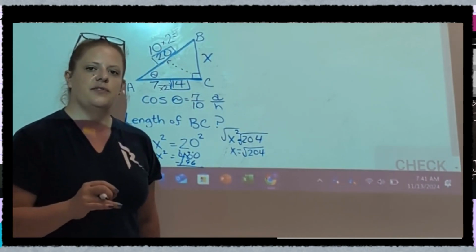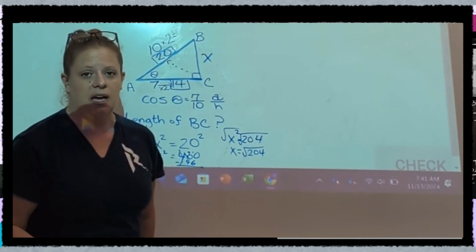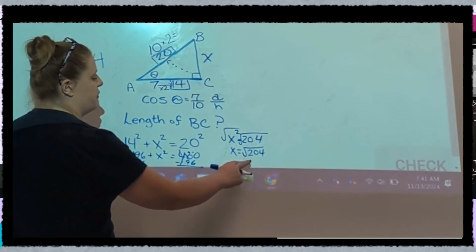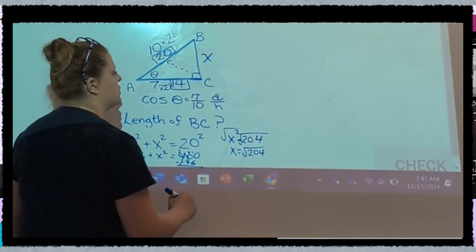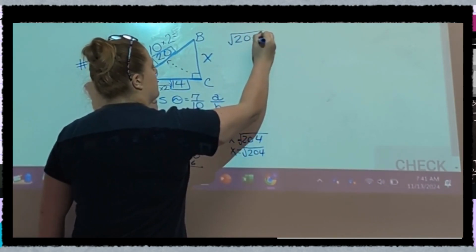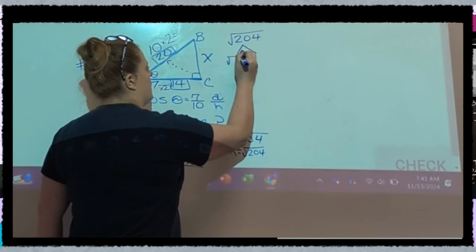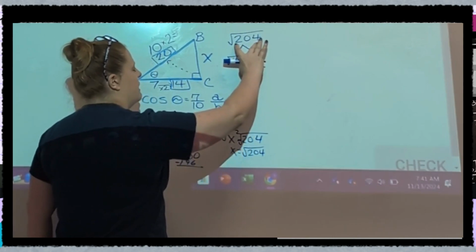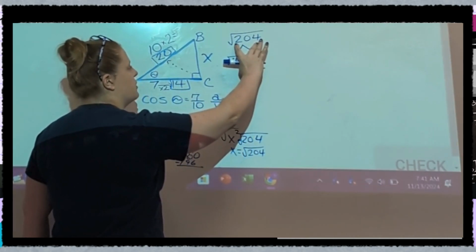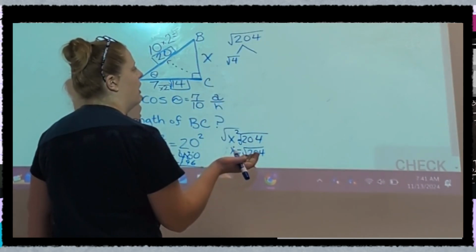Now, we can't leave that as the square root of 204. We need to reduce that if we can. So we're going to see if there's any perfect squares in the square root of 204. You should remember back in algebra, covering this, we want to find something that's a perfect square that goes into 204 times something else. Well, I'm going to pick 4.